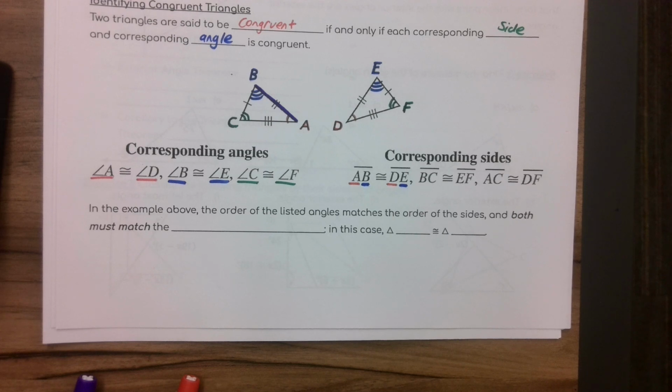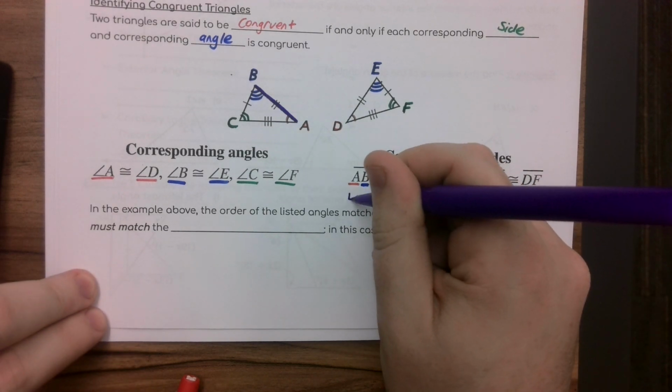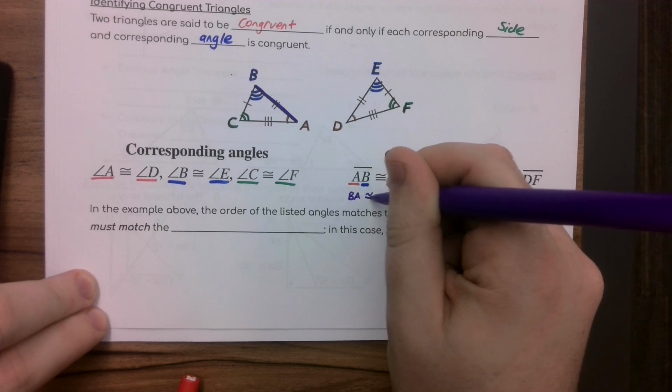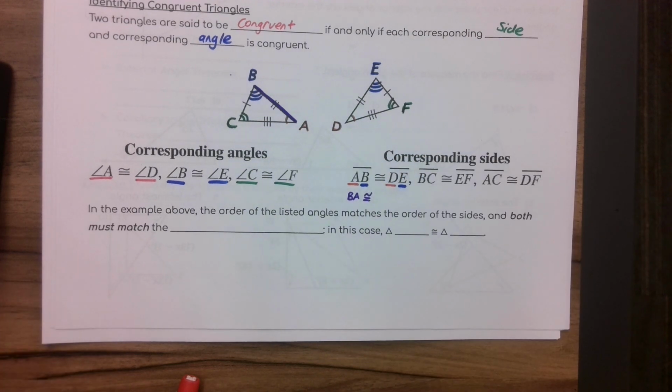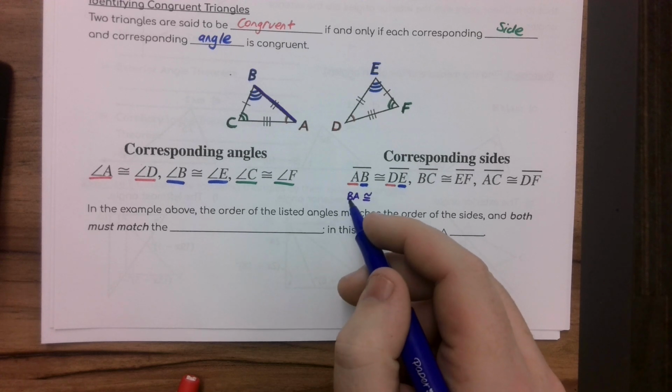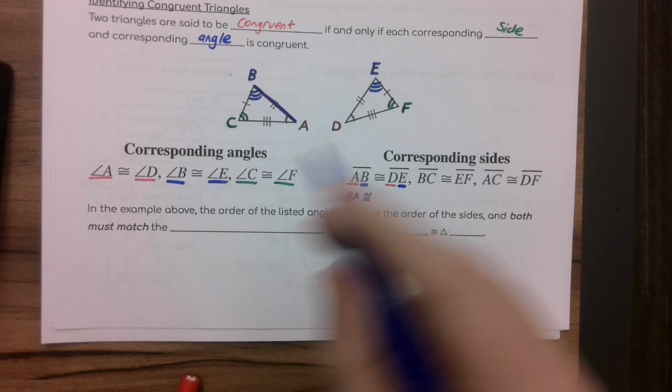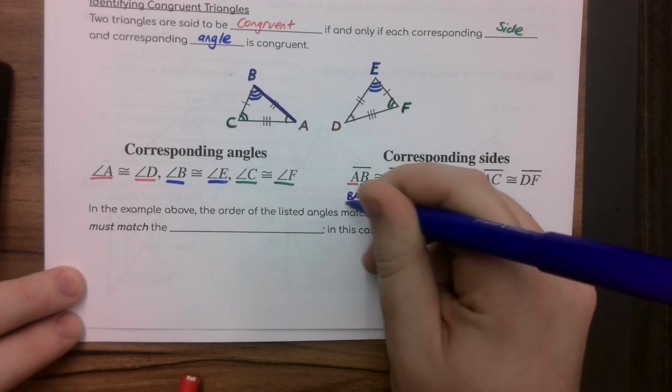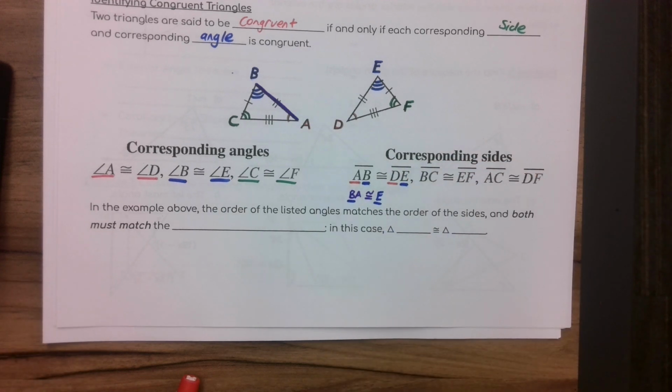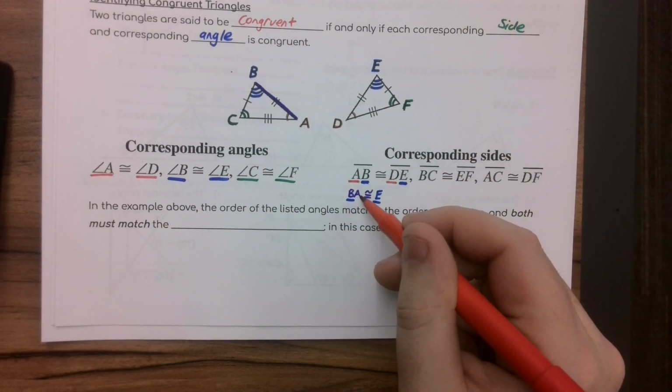The order does matter. Now, you could have also said BA is congruent to something. This is totally fine. But watch your order. What's B congruent to? E. So you would have to have E first to match this. What's A congruent to?